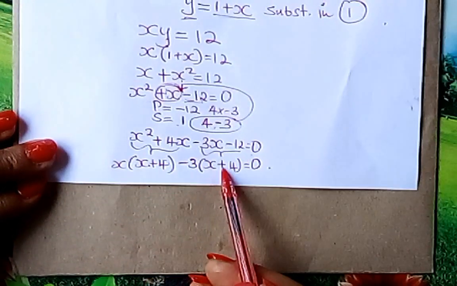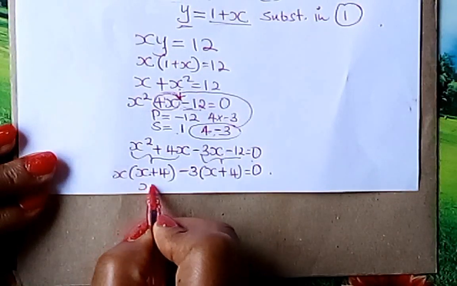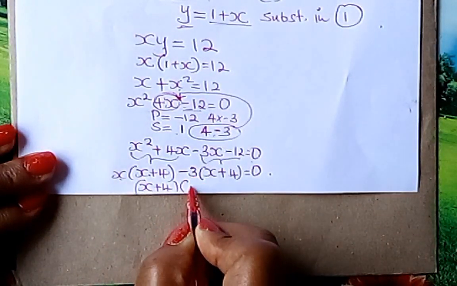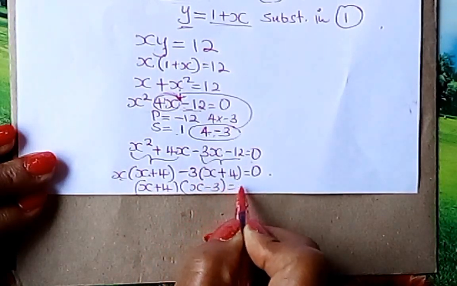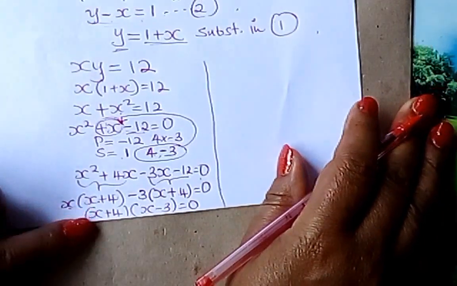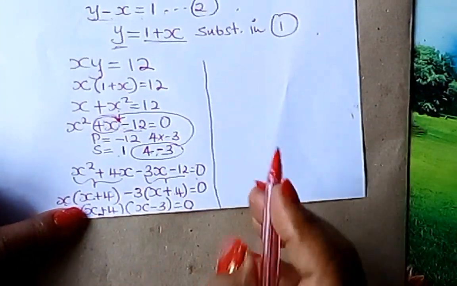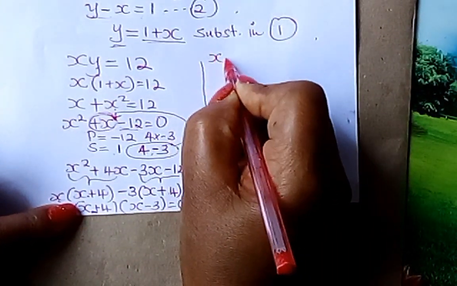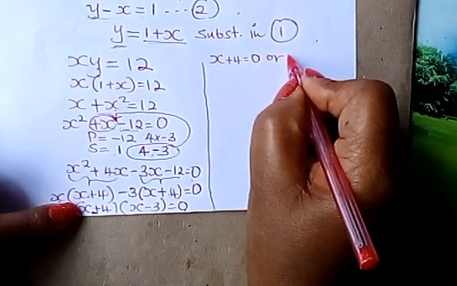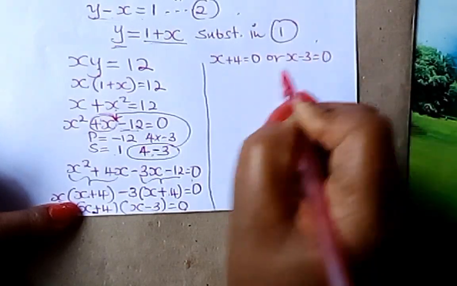If you look at this bracket, it's the same. So you write x plus 4, then you pick the others, x minus 3 is equal to 0. So it means either this bracket is equal to 0, x plus 4 is equal to 0, or this other bracket, x minus 3 is equal to 0.